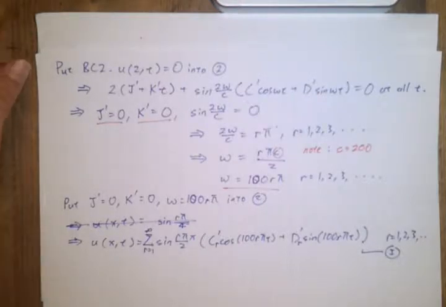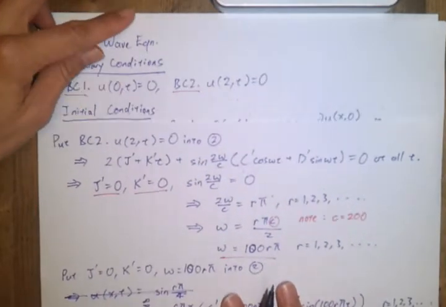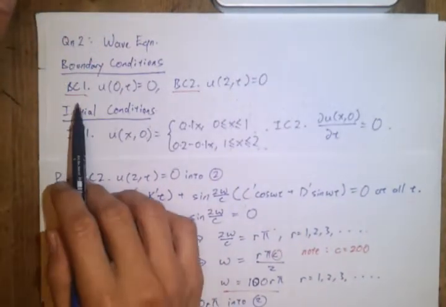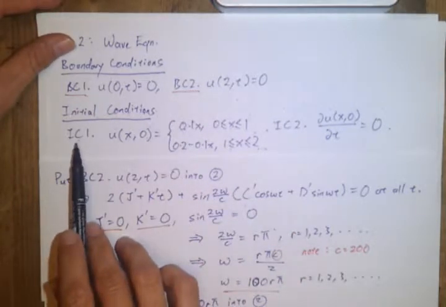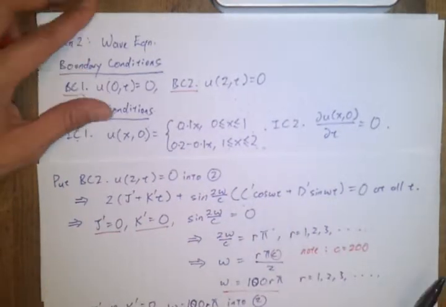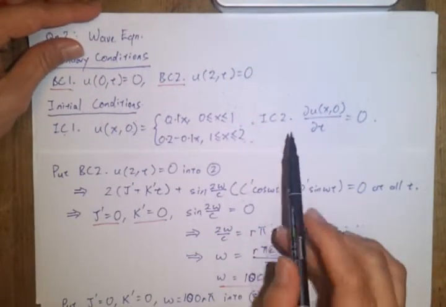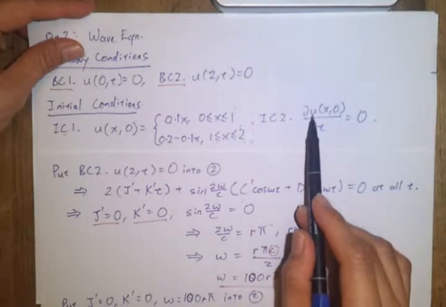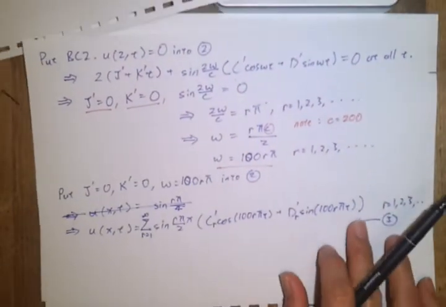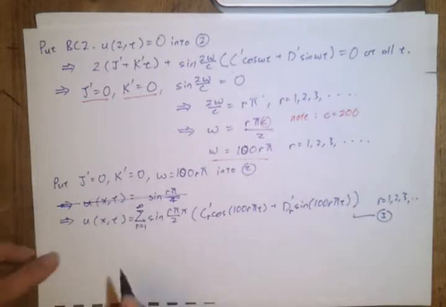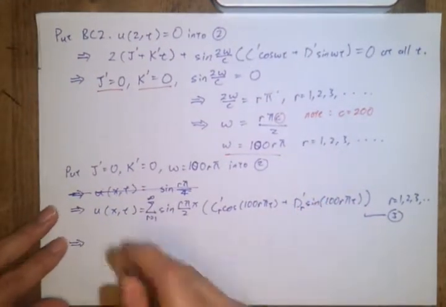If you look at your original question, you have used up boundary conditions 1 and 2, and you have two initial conditions. Initial condition 2 requires you to do a du dt. I found u, so now I can find du dt.